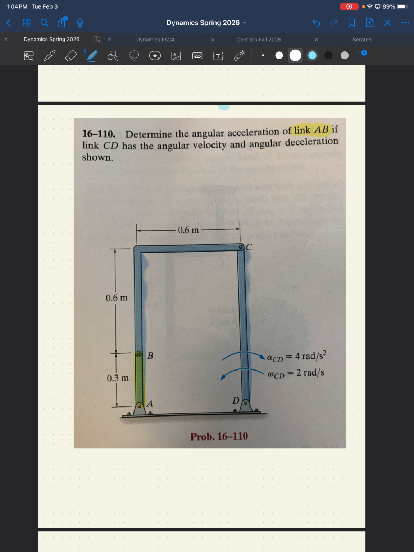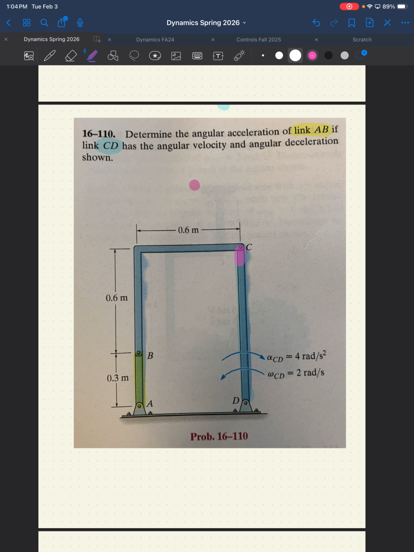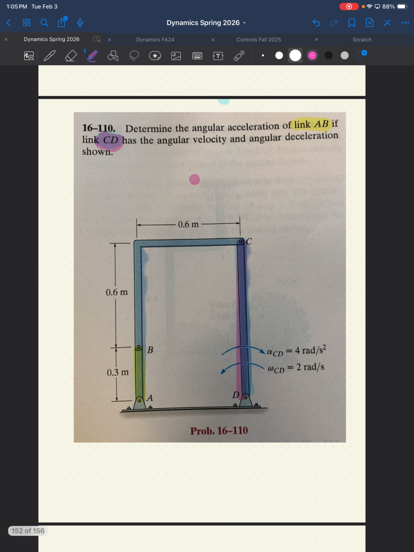If link CD, that's this one. Oh, that was a terrible highlighting color. Yeah, that's better. Has the angular velocity and angular deceleration shown. So these apply only to body CD.